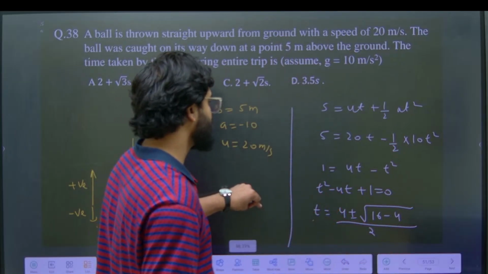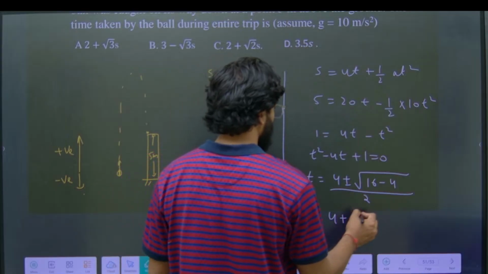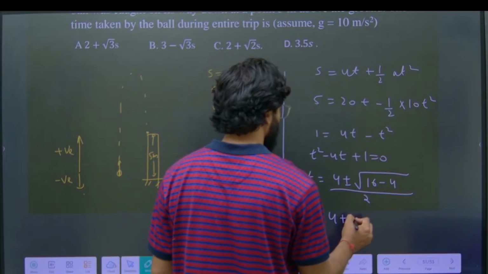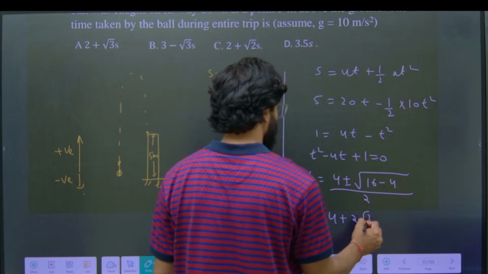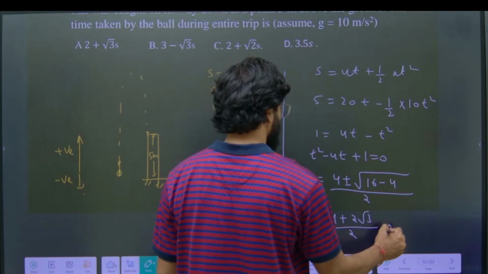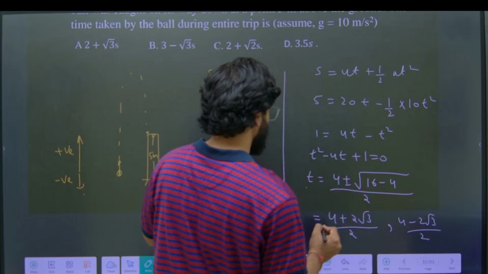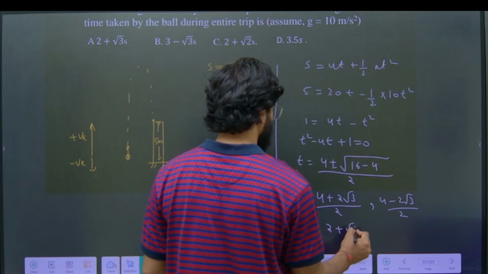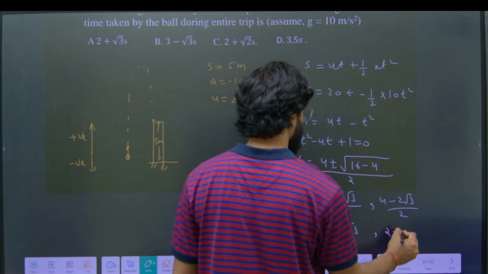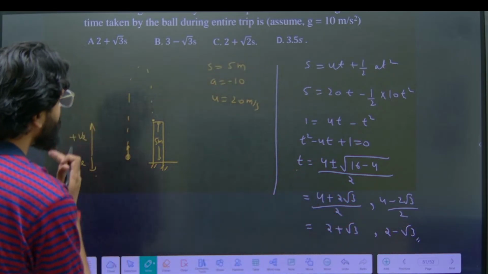So the answer should be either 4 plus root 12 over 2, where root 12 can be written as 2 root 3, or 4 minus 2 root 3 over 2. So if we write like this, it will be 2 plus root 3, and over here 2 minus root 3.